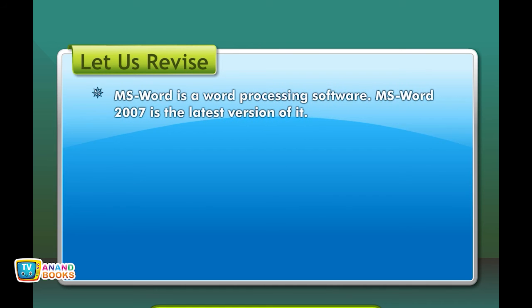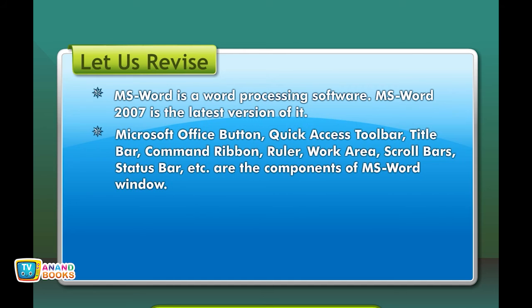Let us revise. MS Word is a word processing software. MS Word 2007 is the latest version of it. Microsoft Office button, Quick Access Toolbar, Title Bar, Command Ribbon, Ruler, Work Area, Scroll Bars, Status Bar, etc. are the components of MS Word window.